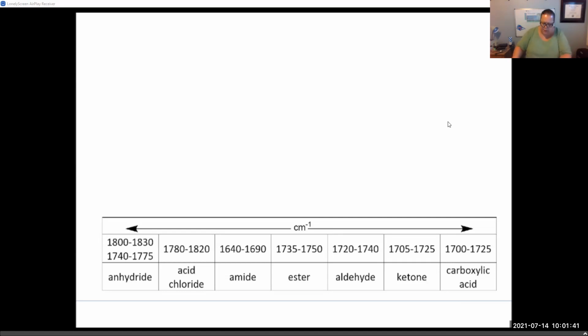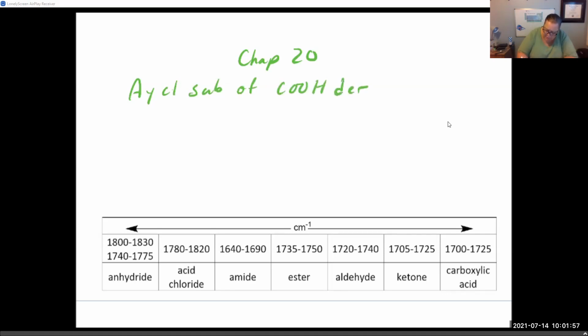Okie dokie. So we're going to start with chapter 20 today. Basically these are all acyl substitutions of carboxylic acid derivatives, with the exception of course of nitriles, because we just talked about nitriles before the exam.